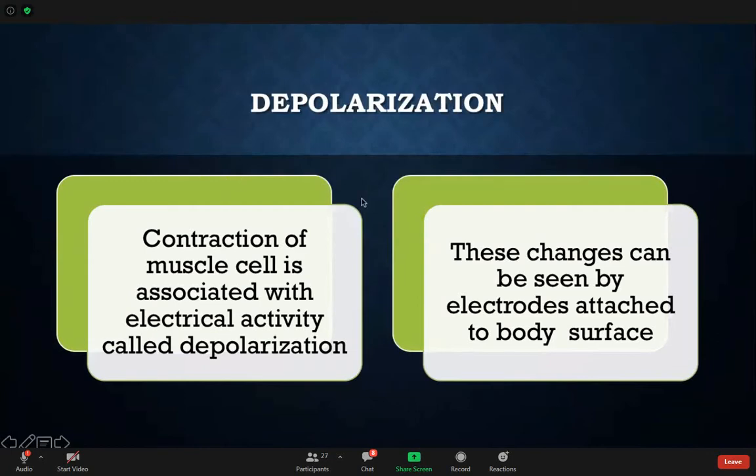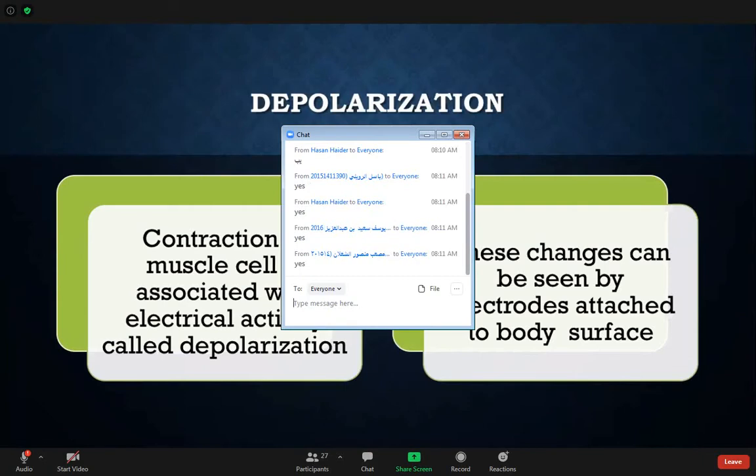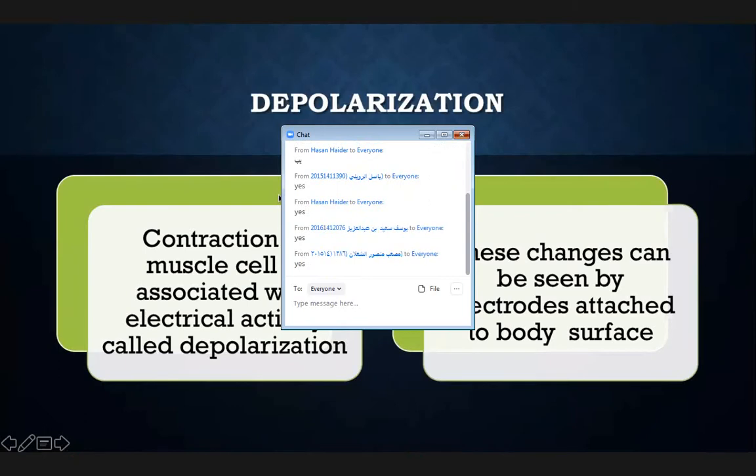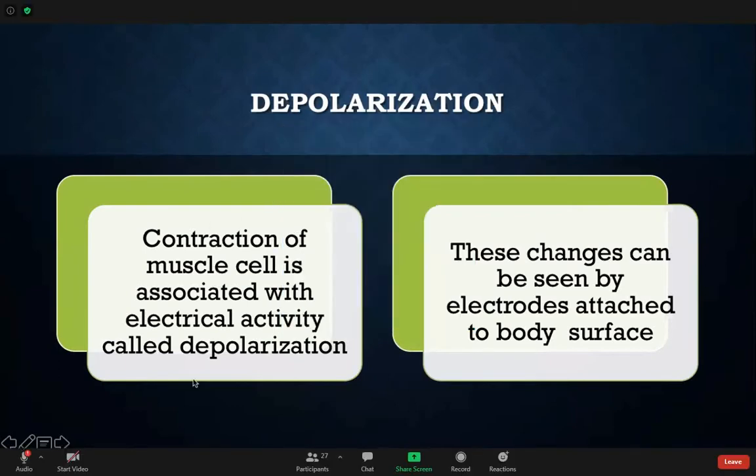So which are the pacemakers of the heart? Do you know them? Yes doctor, the SA node. Okay, that's good, SA node. What's next? There is nothing called an SV node.